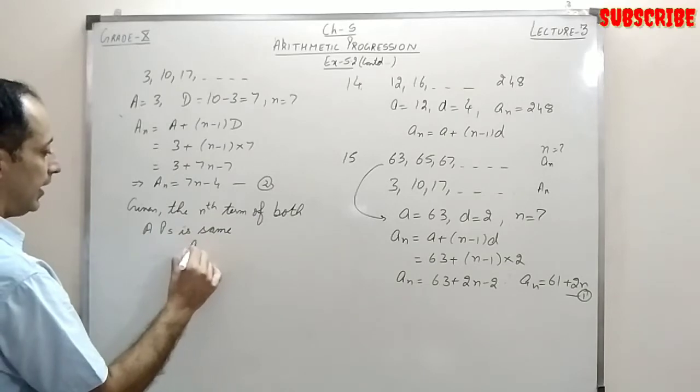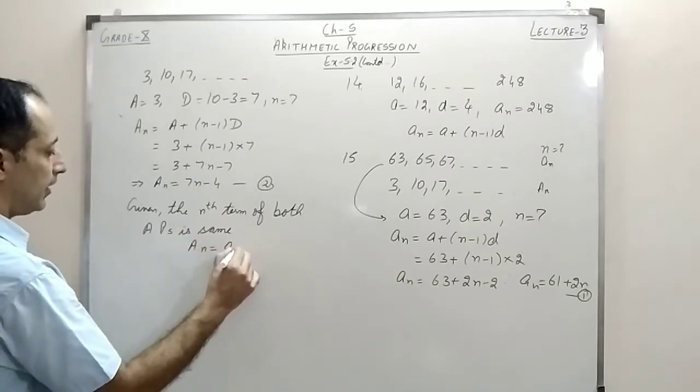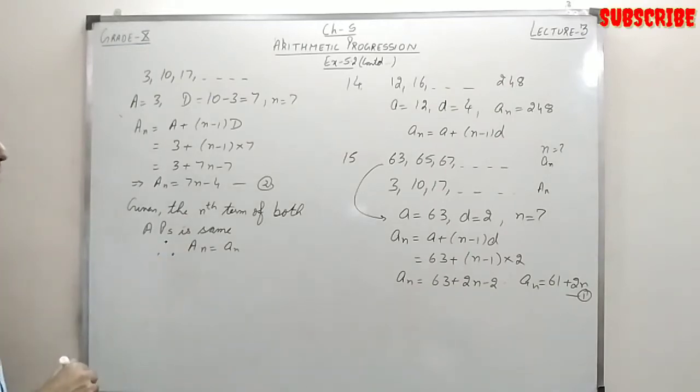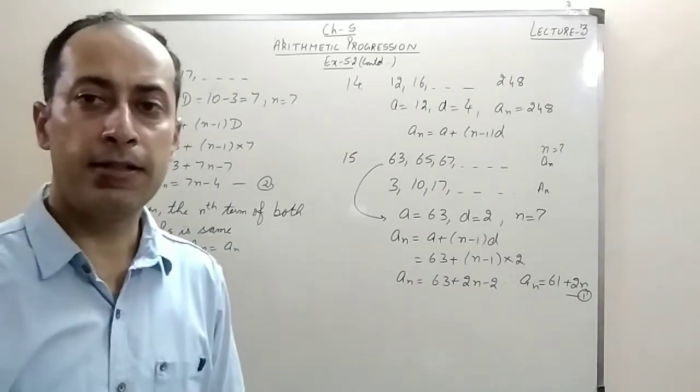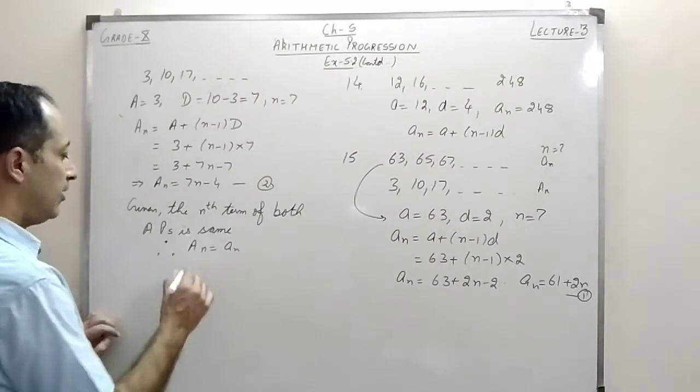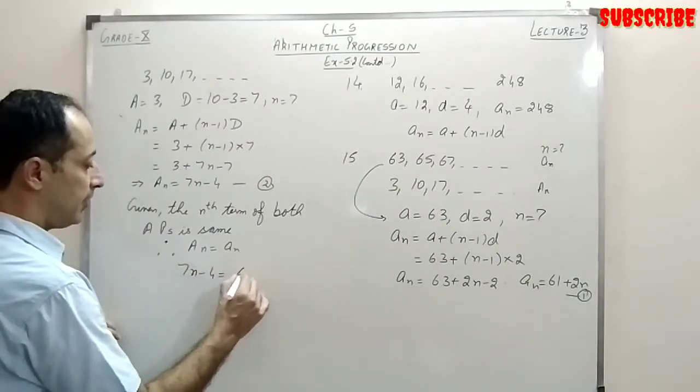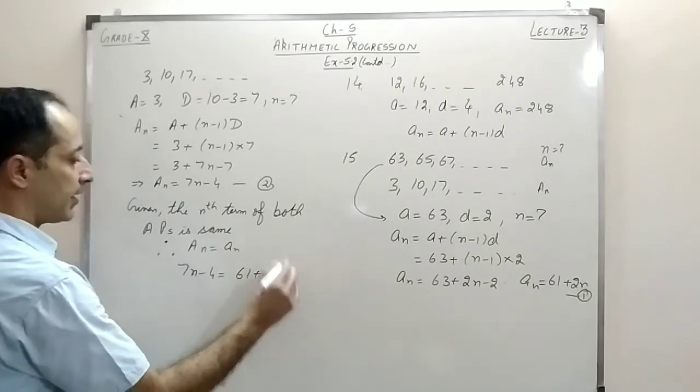Therefore, capital AN is equal to small an. I substitute the values. This is 7n minus 4 equals 61 plus 2n.